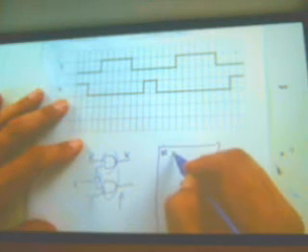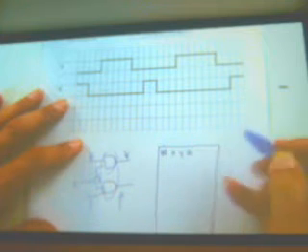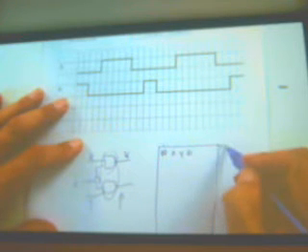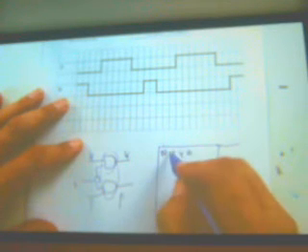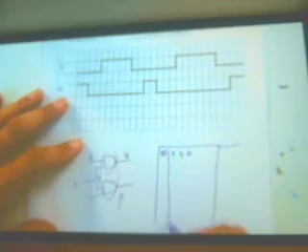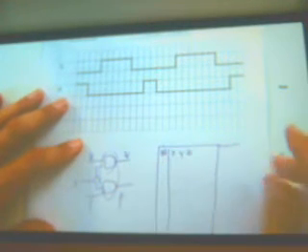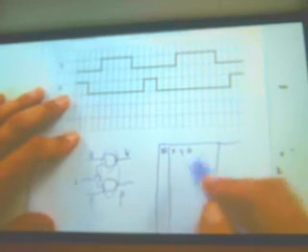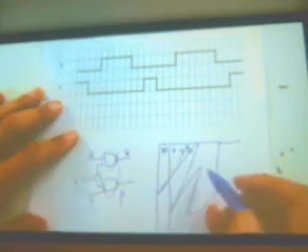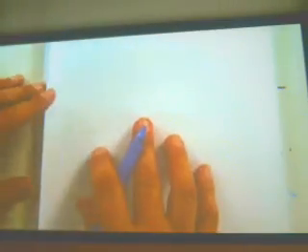W, X, Y. Okay, we'll just draw this and see if I can get this to work. I'm running out of paper here. Let's do a little bit. This is what happens when you use ad hoc things.